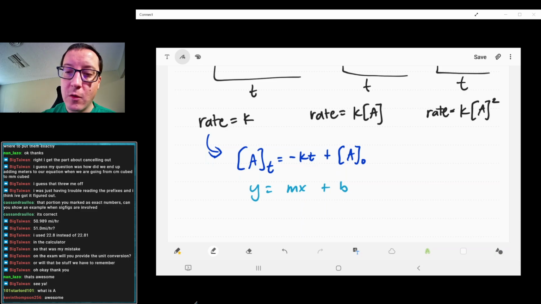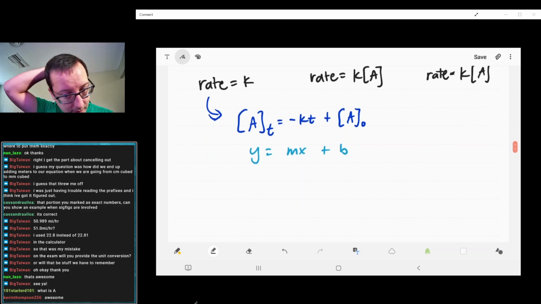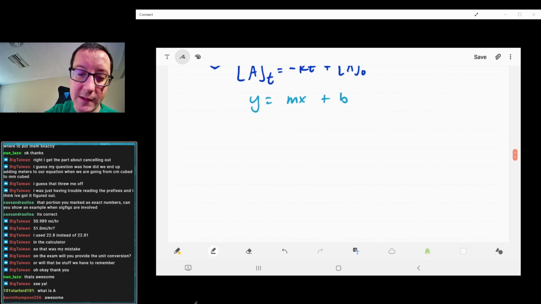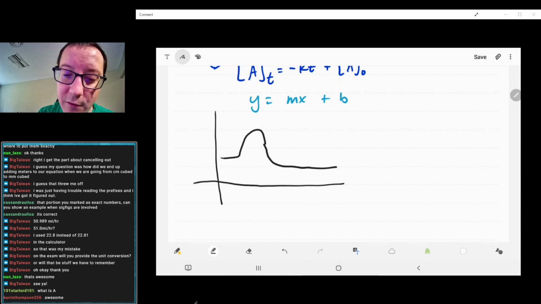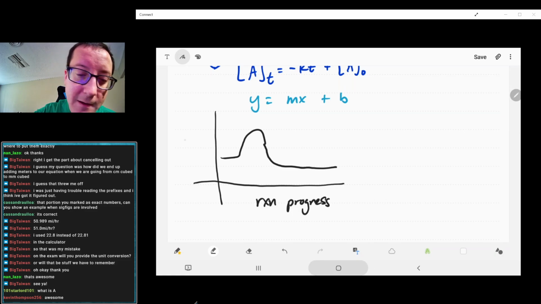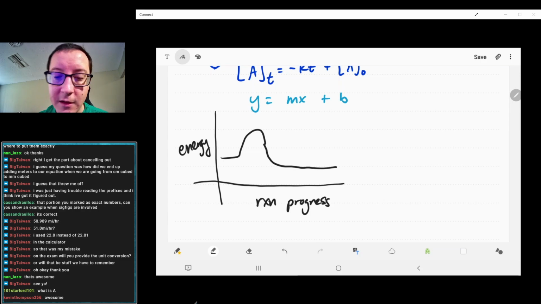Alrighty. Well, in that case, let's go ahead and pop back into those graphs we talked about towards the end of Wednesday. I remember we had something like this, where we had a reaction progress and energy type of graph.